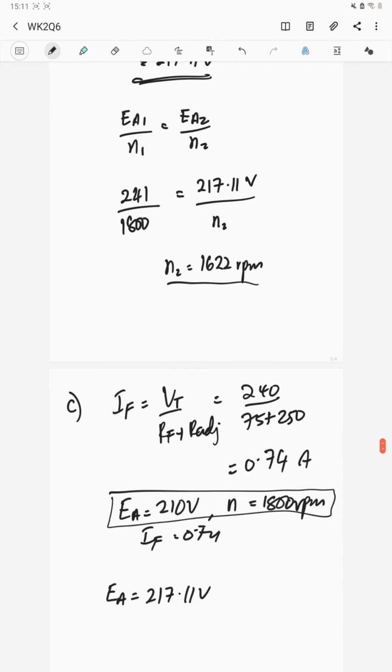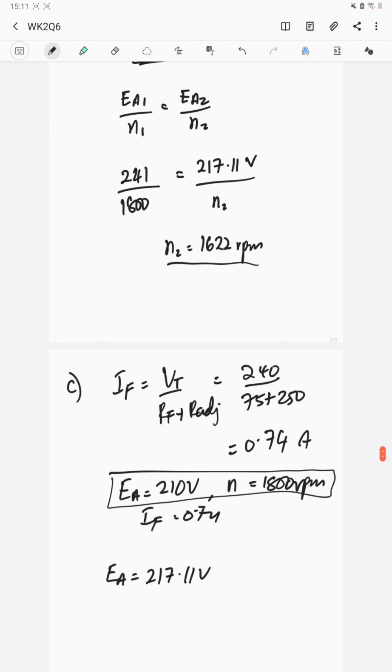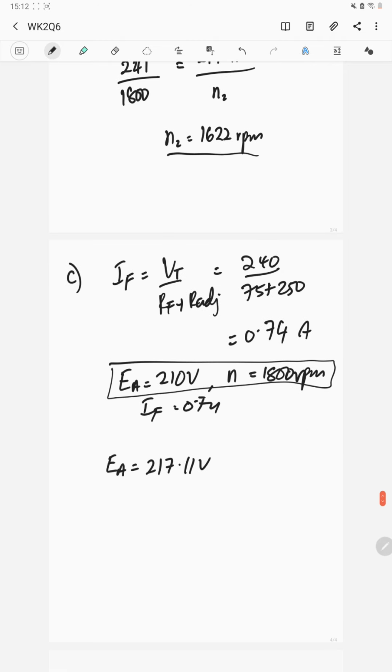Therefore we are trying to find out the speed of this machine when there are differences in flux inside the machine. We know from the equation that EA is K prime phi 1 N1, and EA2 is K prime phi 2 N2.